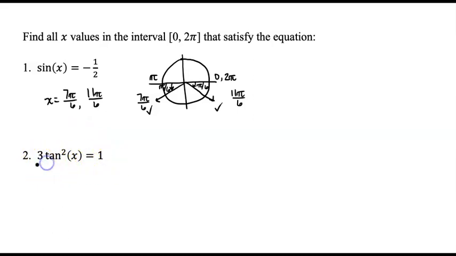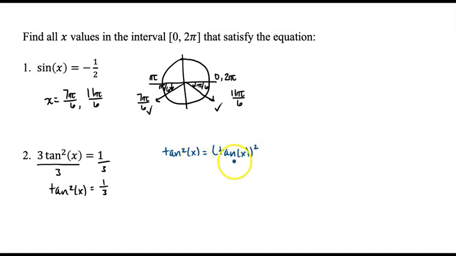So dividing both sides by 3, we get the tangent of x squared is equal to 1/3. Now the tangent of x squared, just a little side note here, when I see this notation with the exponent between the trig function and the variable, this is exactly equal to the tangent of x, that quantity squared.